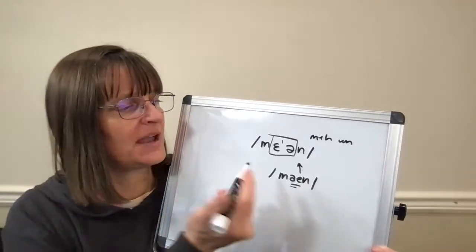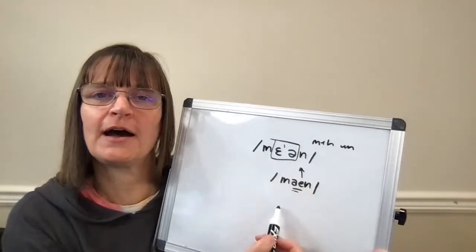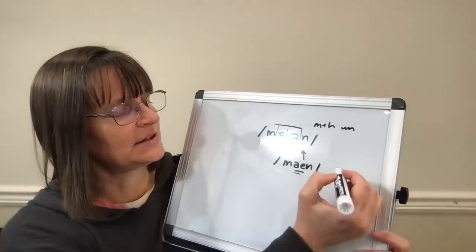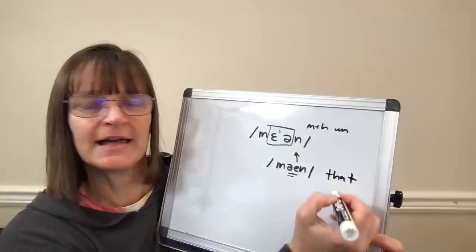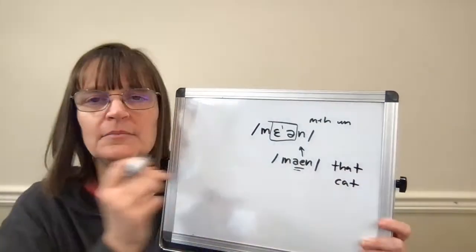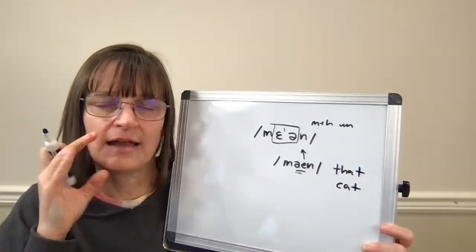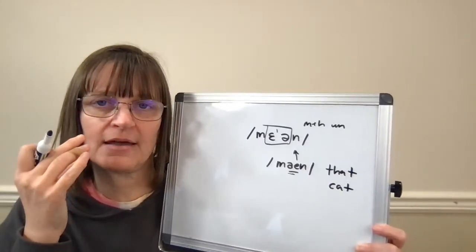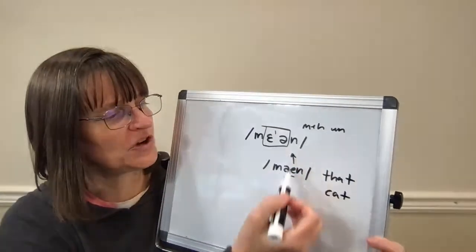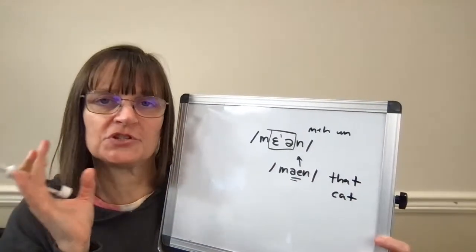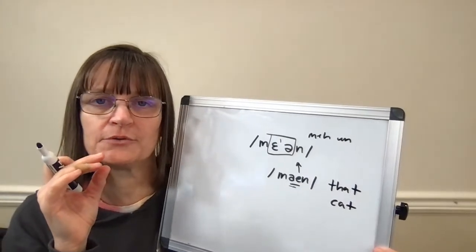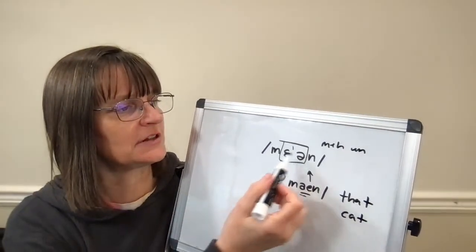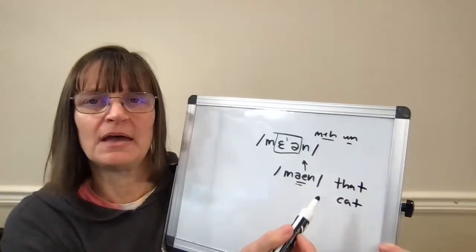And so they might be just trying to mark how man sounds a little different than the vowel sound that we have in a word like that or in cat. You can hear how cat, that, I'm pretty open. Man. They're probably trying to mark what happens just naturally when we say man, that it gets a little more closed. I don't think it's necessarily that you would be saying man.